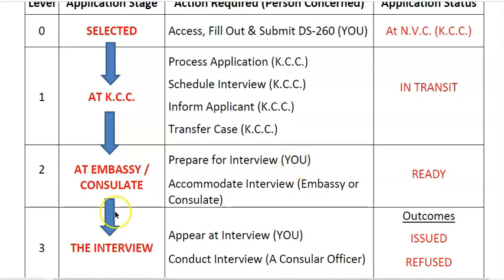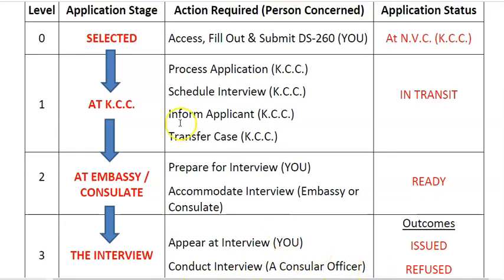And with that, your case now moves to the final stage, which is the interview itself. And there are two actions to be performed there. One by you. You have to appear at your interview on the date and at the time that is specified. And at that time specified, your interview will be conducted by a consular officer.